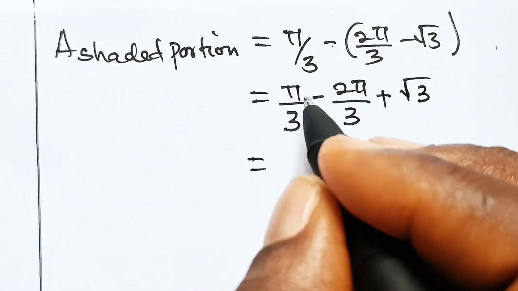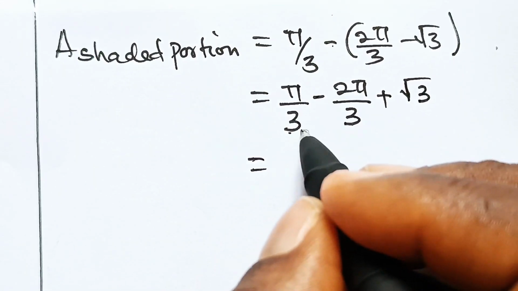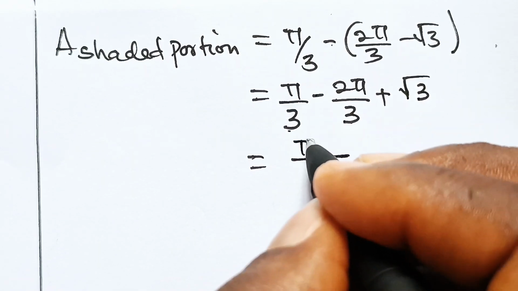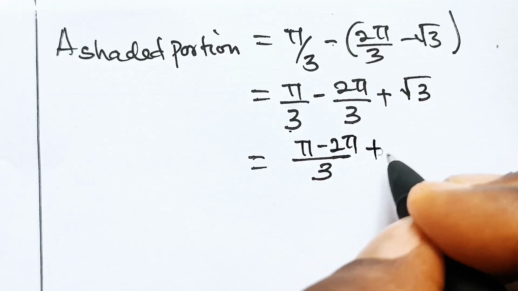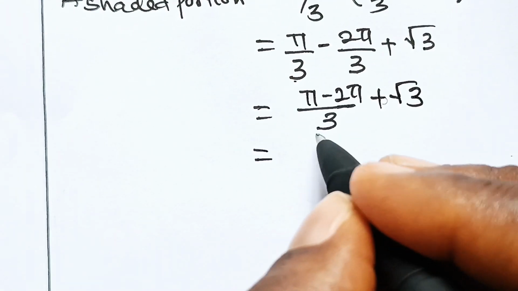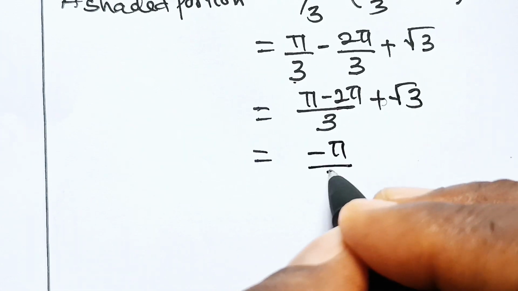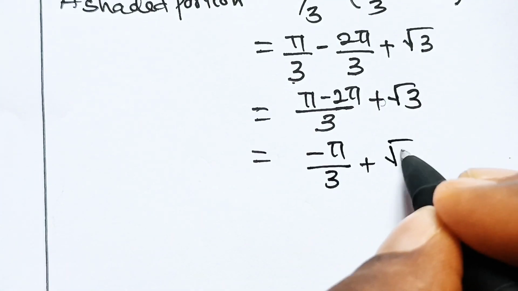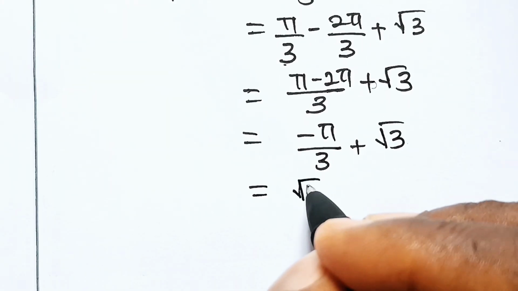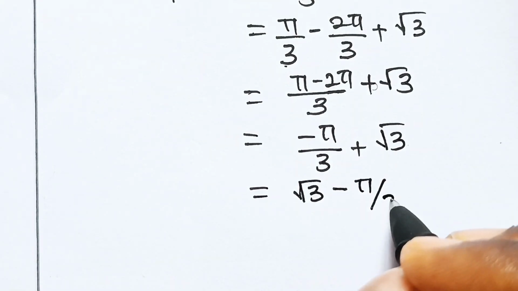They share the same denominator, so we can say this is pi minus 2 pi plus root 3 over 3. So pi minus 2 pi is minus pi over 3 plus root 3. Now this can be written as root 3 minus pi over 3.